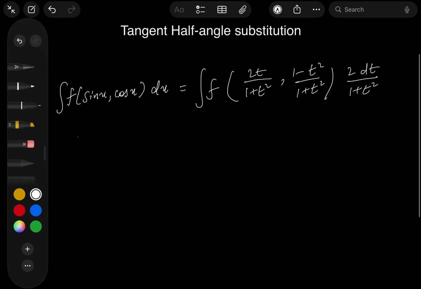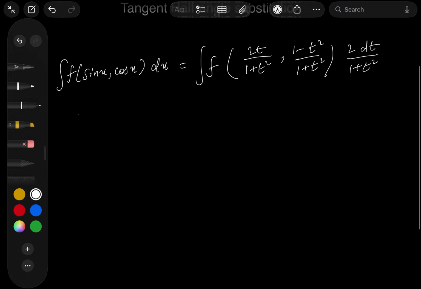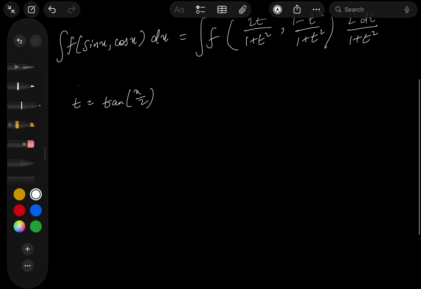Alright, so basically what we're doing here is we're going to simplify some trigonometric integrals. So it's basically taking the substitution t is equal to tan of x by 2. Now the reason that this is useful is because say we have sine of x. We know that sine of x is equal to 2 sine x by 2 times cos x by 2.